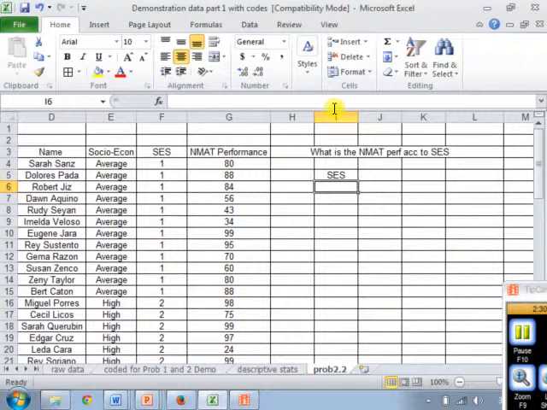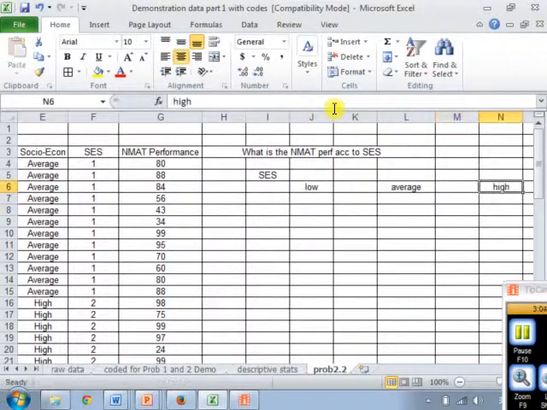Low, average, high. So when the question is, what is the NMAT performance according to SES? You wanted to think about the SES as the low, I'll put it here, the average, and then the high.